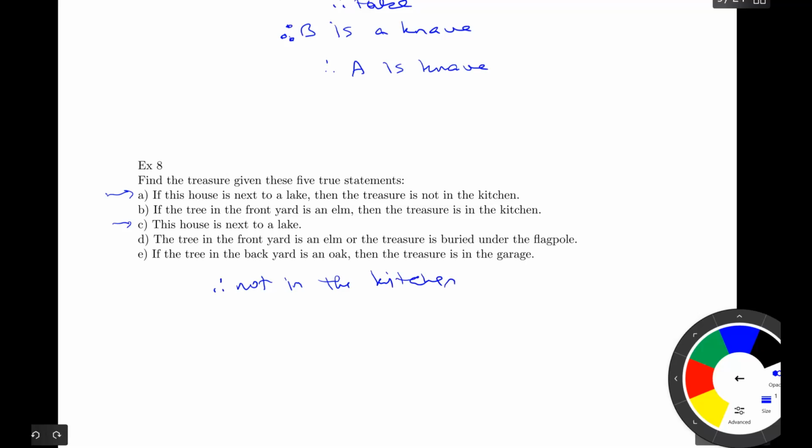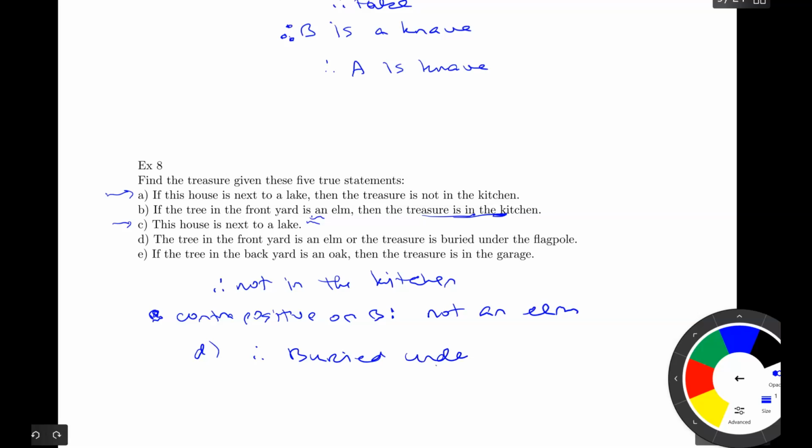Then I'm going to use contrapositive on B. Since it's not in the kitchen, then it's not an elm. Then I'm going to use D, that either it's an elm or it's buried under the flagpole, so I can use the conclusion: the treasure is buried under the flagpole.